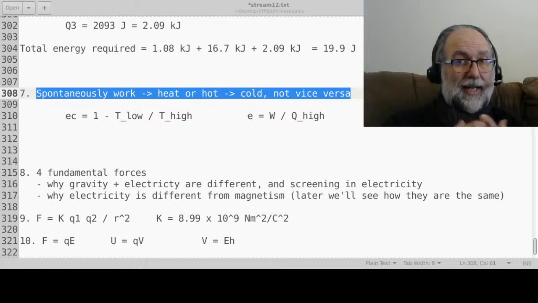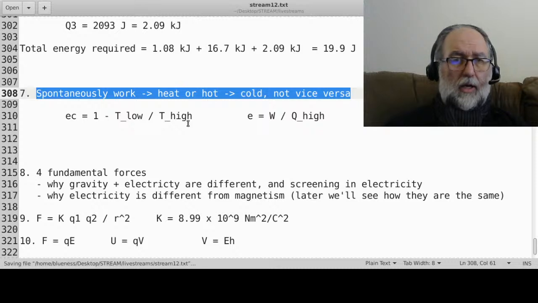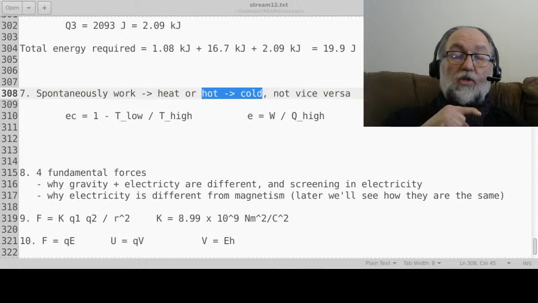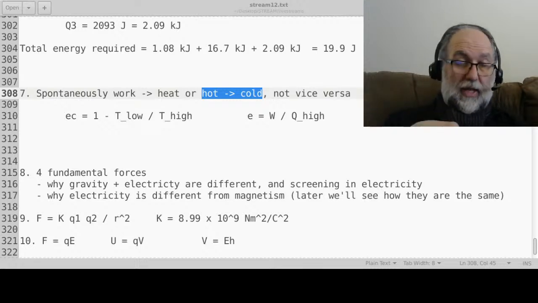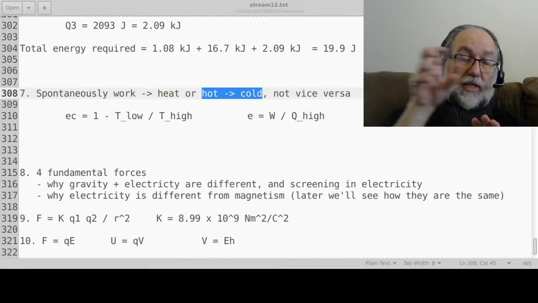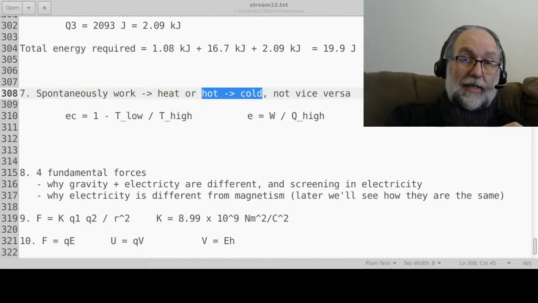Energy is always conserved. The second law, though, says something a little bit more. Whenever you have a process where heat is being transferred, the heat will always go from hot to cold spontaneously, never the other way around. You could put two objects together, with the hot one losing 10 joules and the cold one gaining 10 joules.